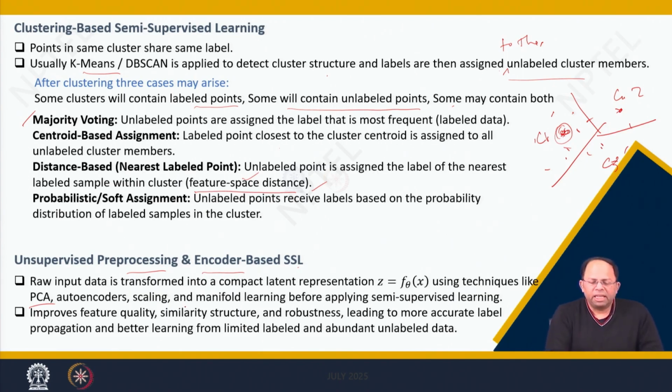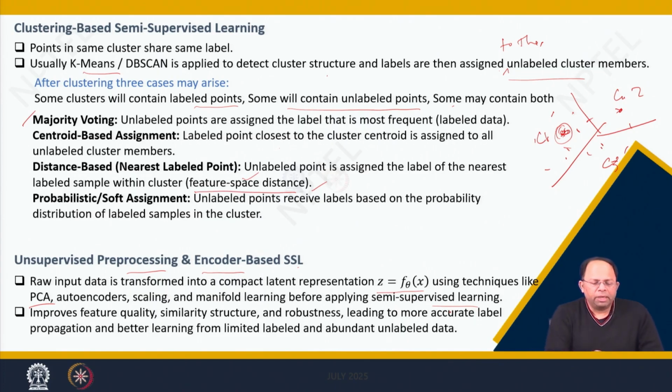So raw input data is transformed into a compact latent representation, which is given by z equal to f theta of x, using techniques like PCA, autoencoder, scaling, and manifold learning before applying semi-supervised learning. So first we reduce the number of dimensions, or rather find the meaningful dimensions which affect the nature of the data, and using those features we can do better predictions, right?